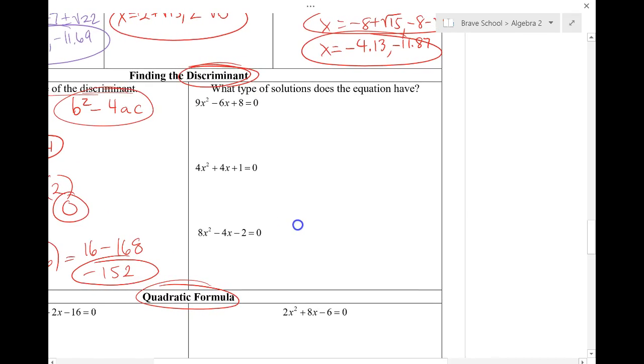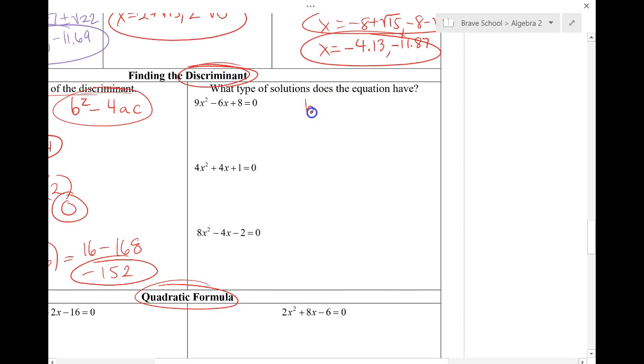Okay, now we're going to do the same thing, except we're going to find the discriminant, but now we need to know what types of solutions the equation has based on that discriminant. Well, if you go back in your notes, if I have a negative discriminant, that is going to be 2 imaginary solutions.